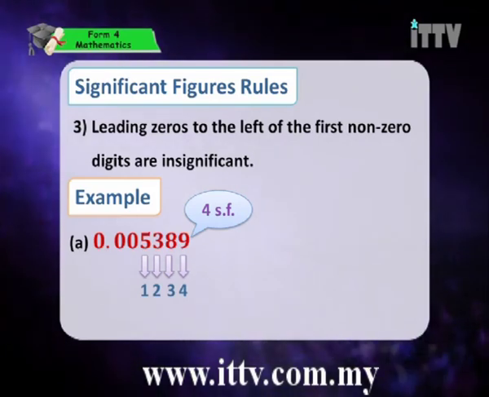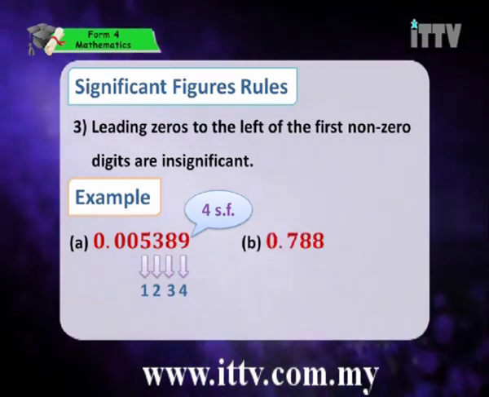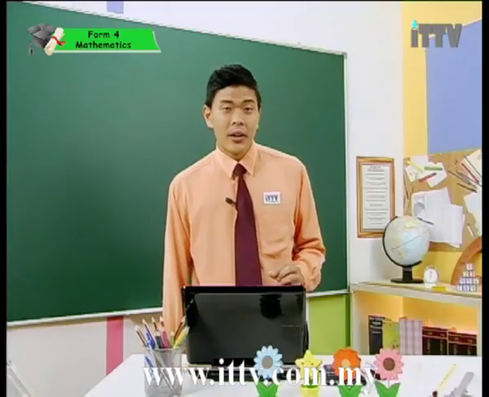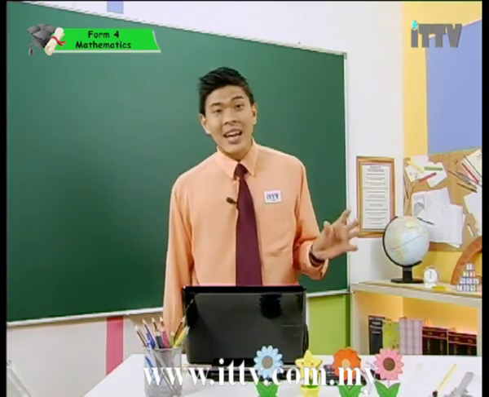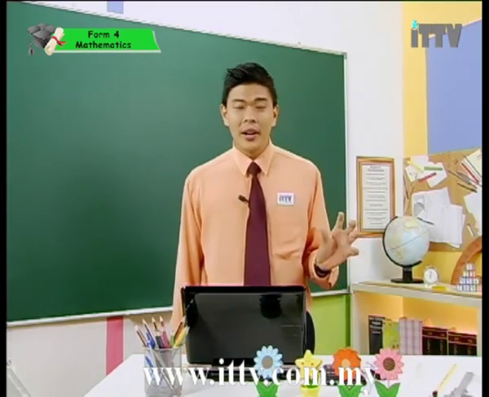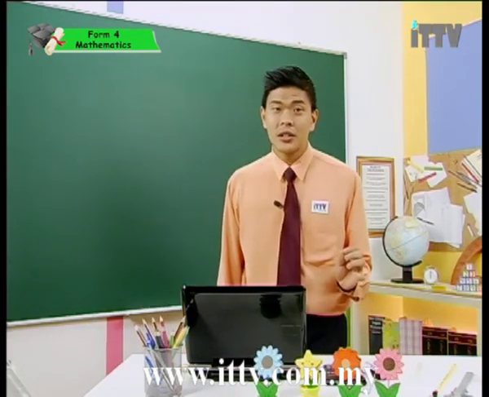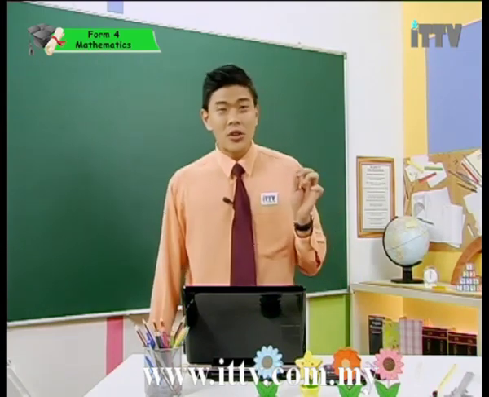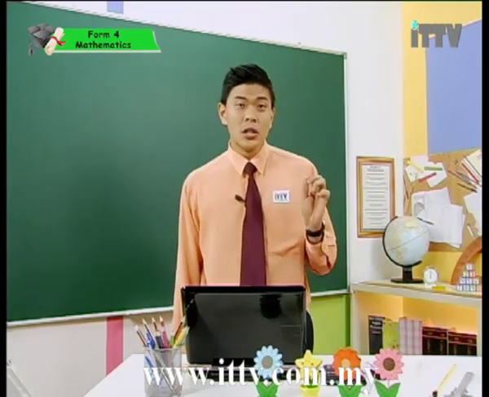Okay, one more example in B. 0.788. There is one leading zero in this number. And remember, a leading zero is always when the number starts with a 0, before it reaches a first non-zero digit. So that 0 is not a significant figure because of rule 3.